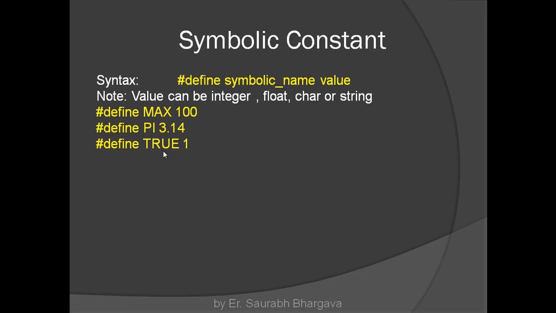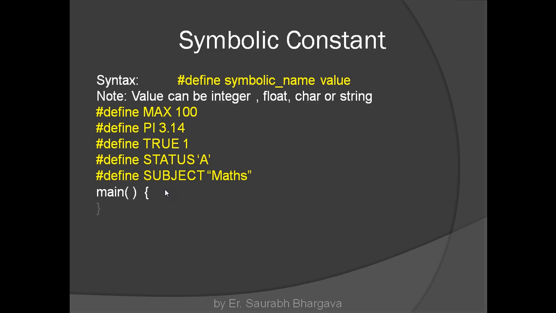Hash define TRUE 1. Hash define STATUS 'A', here A is a character, and this MATHS is a string. So all the data types are available here. We do not need to define its data type, but we can use it. Then we write the main function.